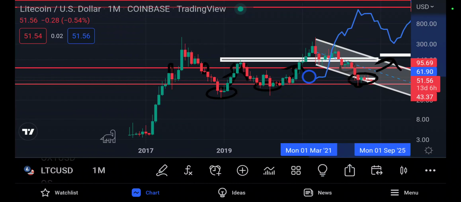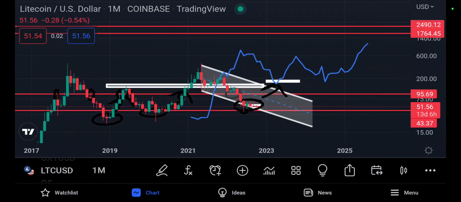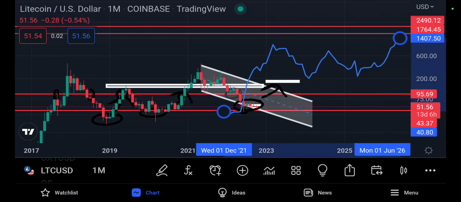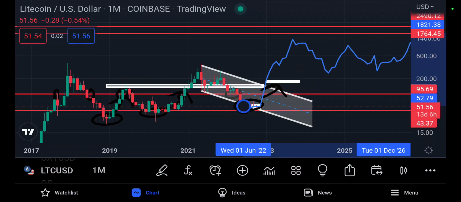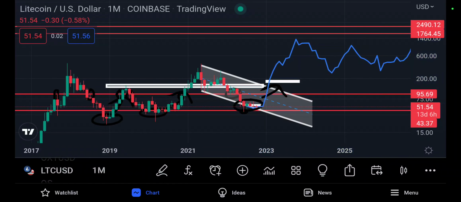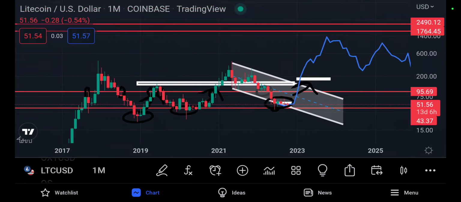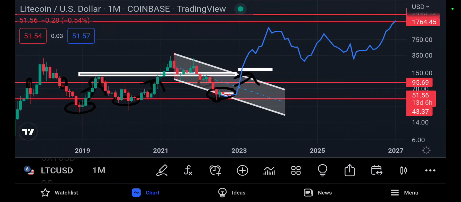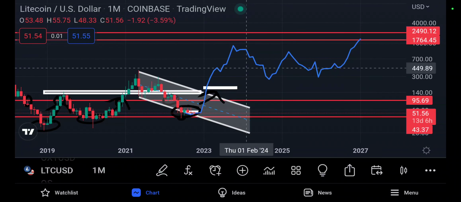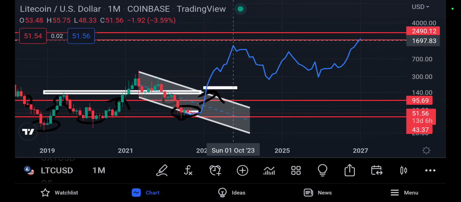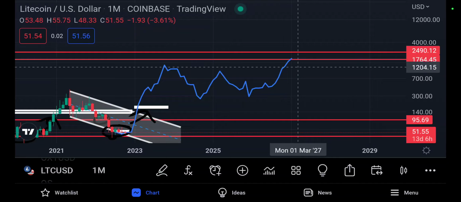I didn't put this phone on do not disturb, so you might see notifications up there. But just say I lay this out right here, right? It's very ironic how everything is lining up perfectly to even hit this first fib, which is at 1,800, and potentially the second fib.